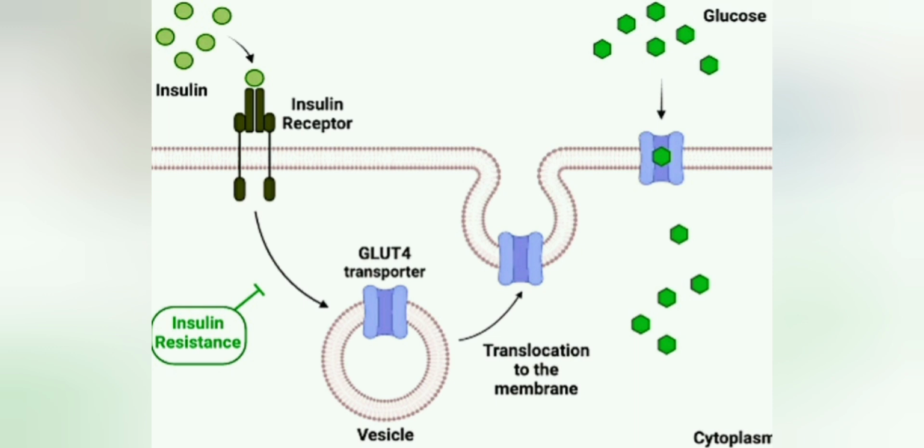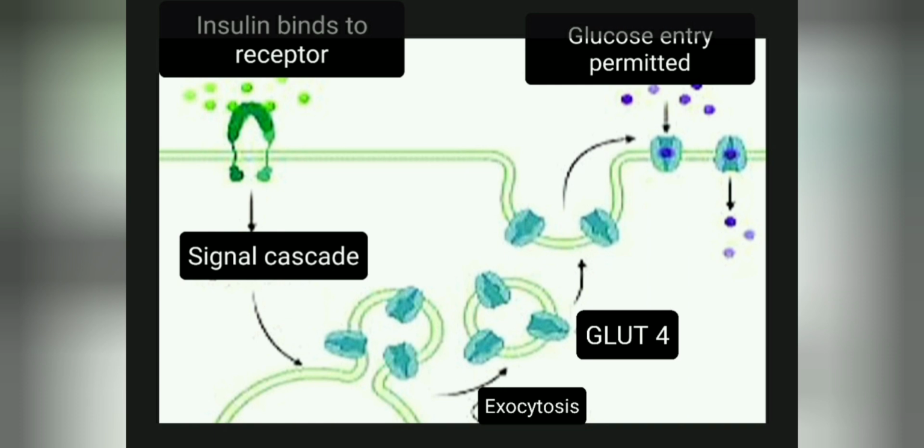Here what we get to see is trafficking of GLUT4 containing vesicles towards the cell periphery, docking at exocytic sites and plasma membrane fusion. So from here we can see that what is happening is clearly stated in option 2, translocation of glucose transporter containing endosomes into the cell membrane. Cell membrane means here plasma membrane.